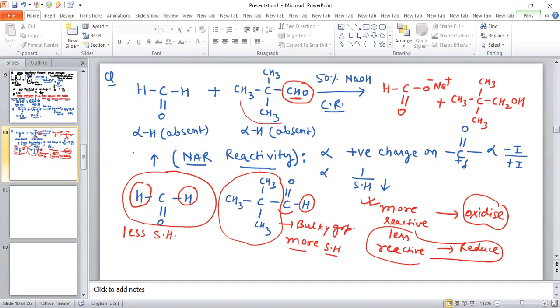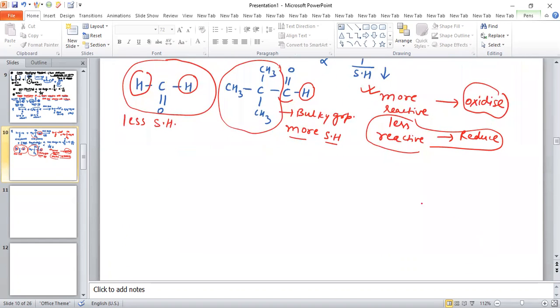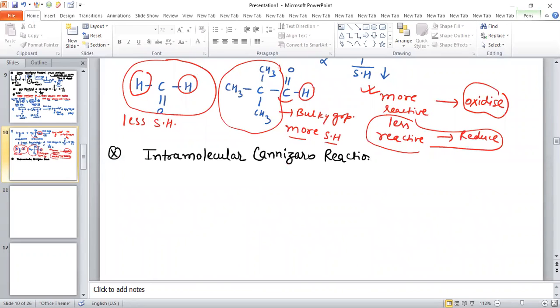Now I am going to discuss intramolecular Cannizzaro reaction, the next topic. See how the intramolecular Cannizzaro reaction works.